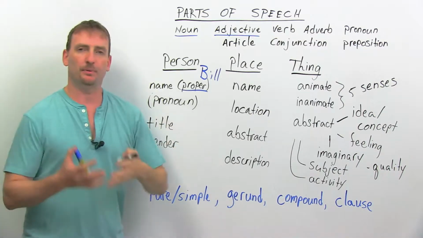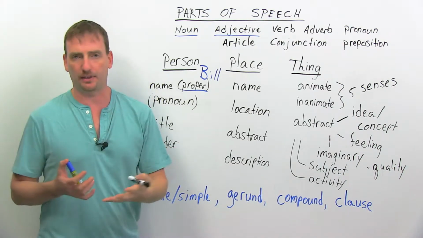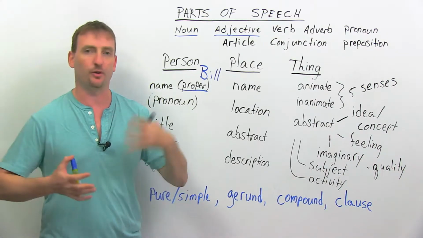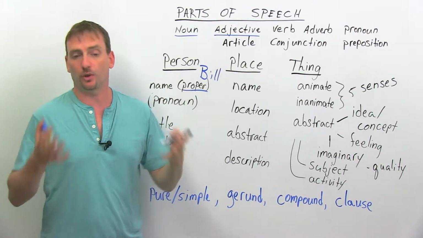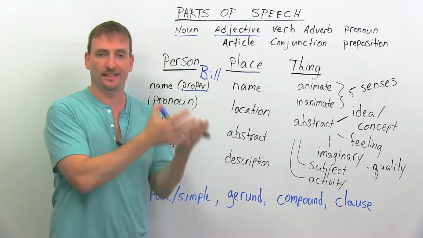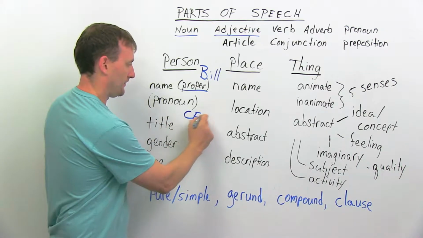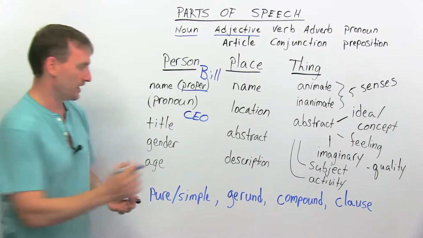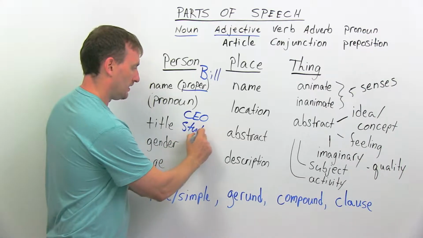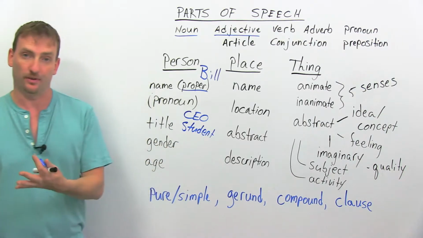Title. Now people also sometimes forget that your job title, your position in a company or an organization, is also a noun, a person noun, okay? CEO, Chief Executive Officer, that's a noun. Student, that's a person noun, okay?